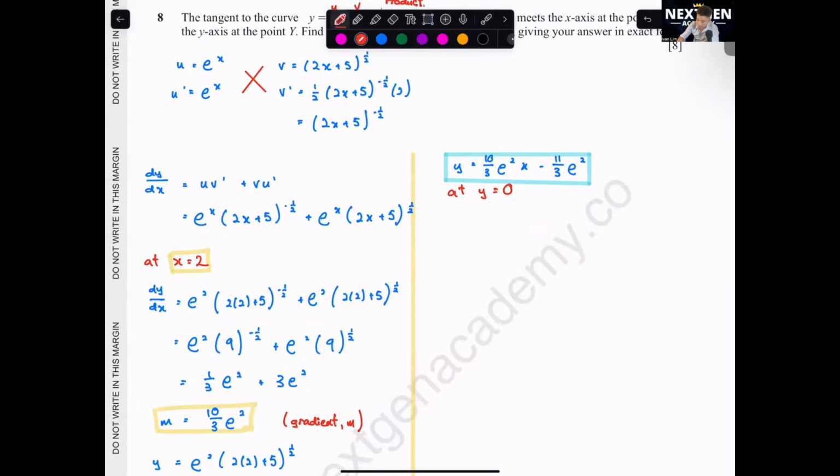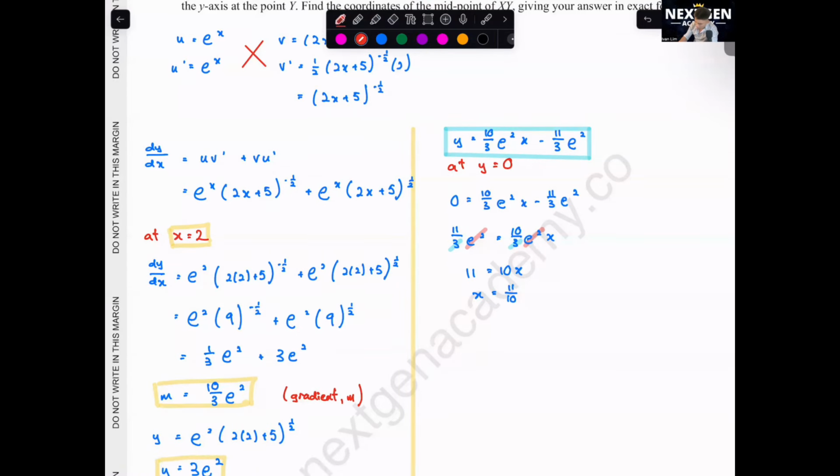Let's solve this. 0 equals 10 over 3 e squared x minus 11 over 3 e squared. We get 11 over 3 e squared equals 10 over 3 e squared x. The e squared and e squared will cancel off. Then 3 and 3 also can cancel. So 11 equals 10x. X equals 11 over 10. So this is the x value, the x point.